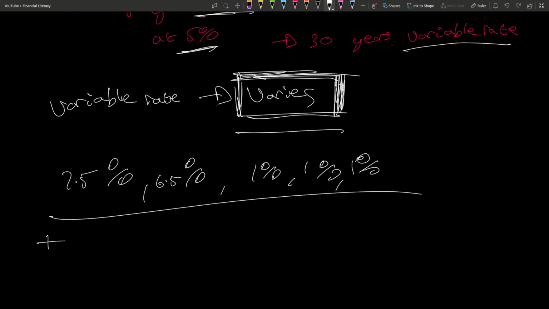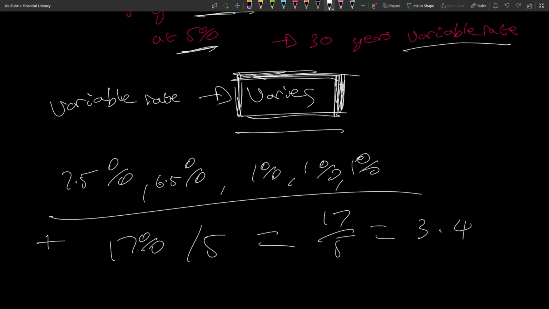So 7.5 plus 6.5 is 14, plus the 3 ones is 17. But that's over the 5 years. If you divide it by 5, you get 3.4. So 3.4% on average.